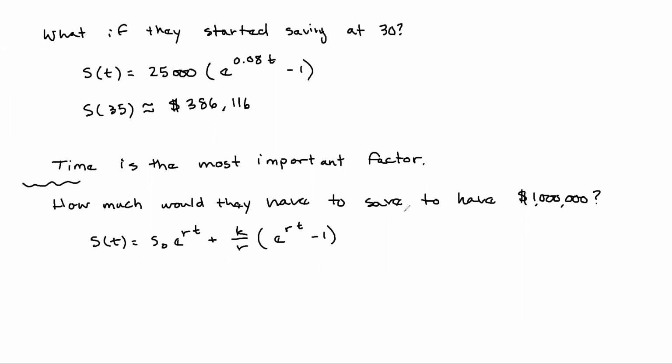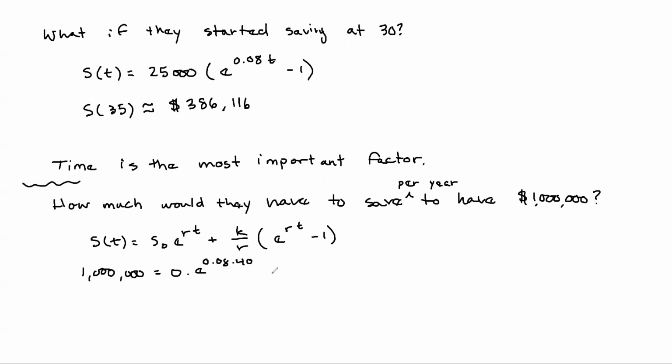How much would they have to save per year? K is going to be unknown, and we're going to plug in time because we know that we want to have that amount at age 65. So T is 40, and we can put $1 million here. We're saying they start with nothing, so 0 there. We're assuming they still get 8%.